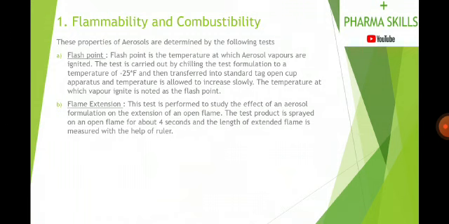The temperature at which the vapors catch fire is noted as flashpoint. Flame extension. This test is performed to study the effect of aerosol formulation on extension of open flame. The test product is sprayed on open flame for about 4 seconds and length of extended flame is measured by ruler.